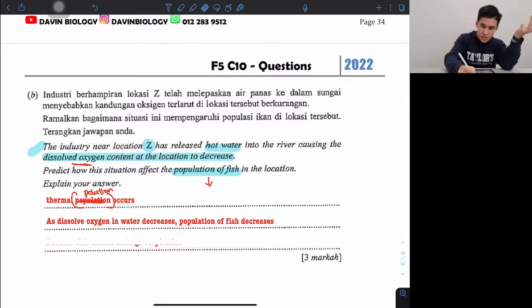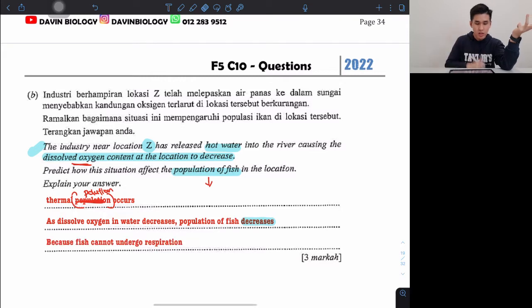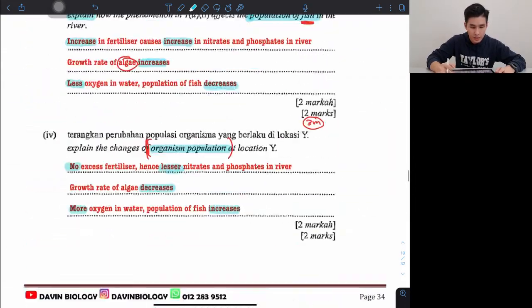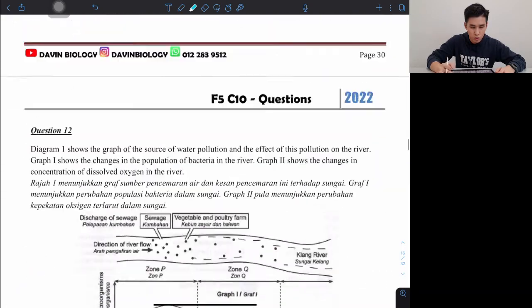So you mention fish decrease, that's another mark. Why? Because no oxygen, fish cannot respire. The fish die. So that is my explanation. Cannot undergo respiration. Right, so once we're done, again you can pause and write yourself, and then we come to the last question.